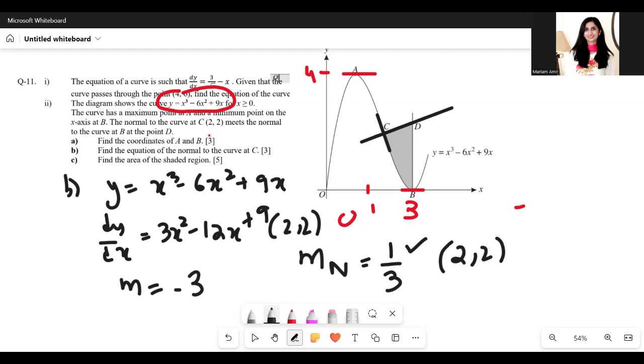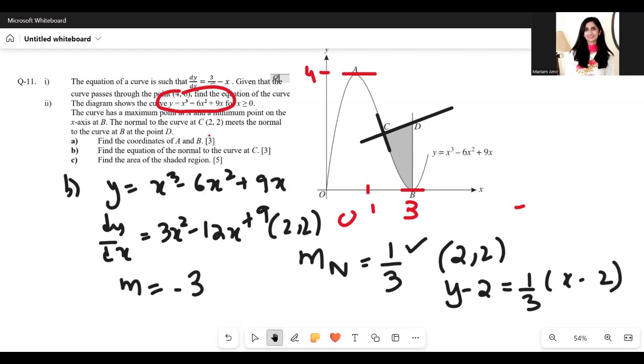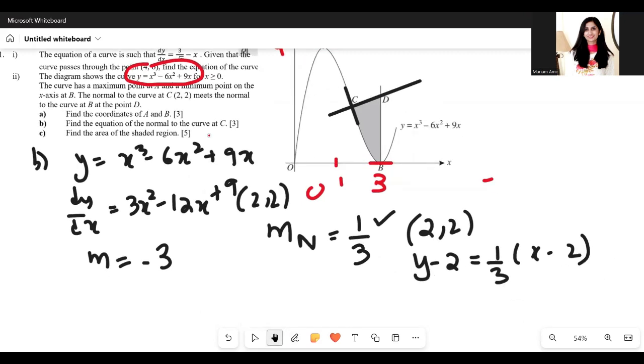So the equation of the normal is going to be y minus y1 equals m times (x minus x1) in point slope form. And if you want to use y equals mx plus c, then you will be rearranging it. So it's going to be 1/3 x, and then negative 2/3 plus 2 gives 4/3.